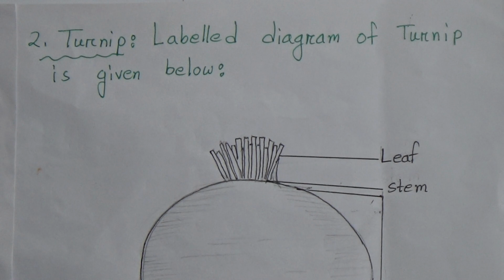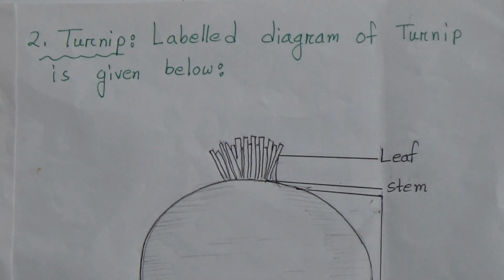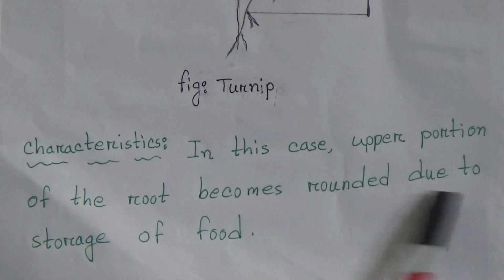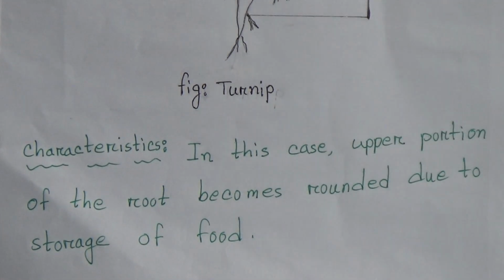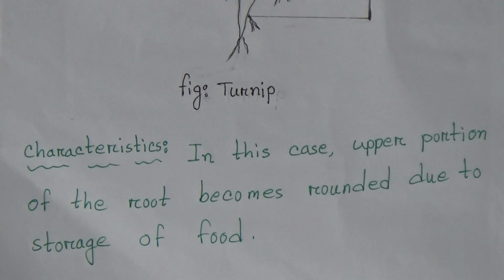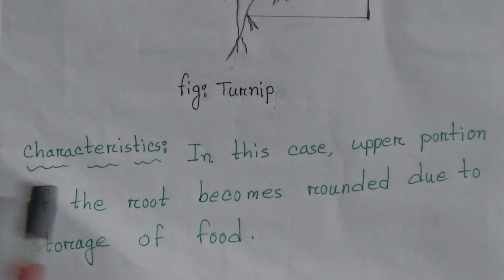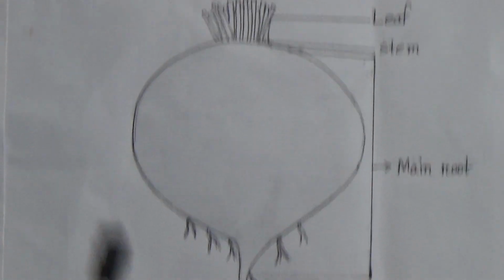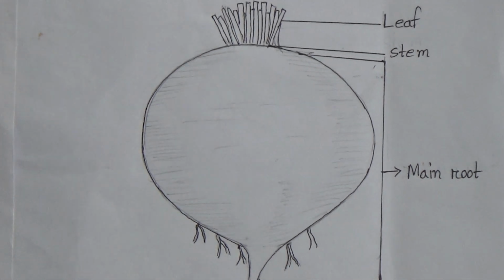And I have written here characteristics of turnip. In this case, the upper portion of the root becomes rounded due to storage of food. Like this way, you will draw this diagram and write characteristics, or you can write characteristics first and then you will write the label diagram next.